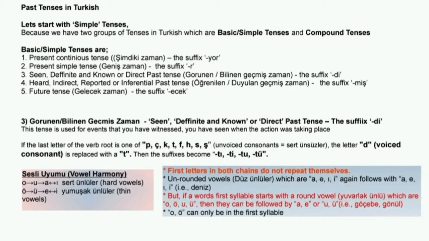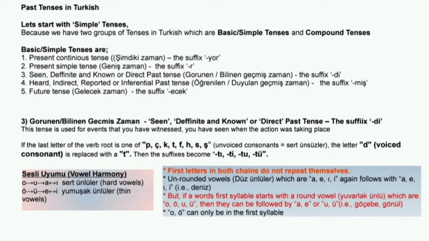Whatever you call it, there are different names for this tense, but the suffix is d. This tense is used for the events that you have witnessed and seen when the action was taking place.